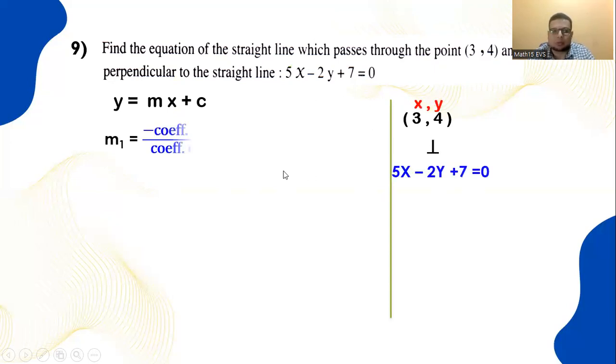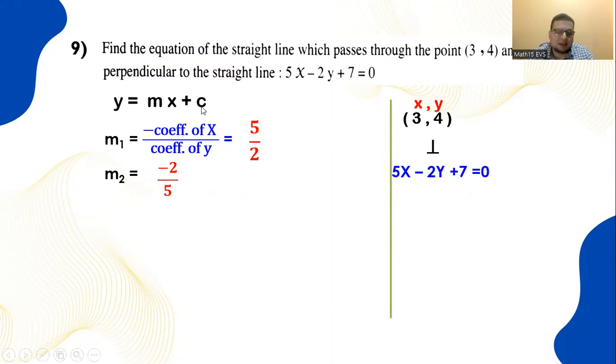So the slope m1 equals negative coefficient of x over coefficient of y. You will get negative 5 over negative 2, which is 5 over 2. So this is the slope for the given equation, but the required line is perpendicular. So you will flip 5 over 2 to 2 over 5 and change the sign, so it is negative 2 over 5. Okay, this is the slope.